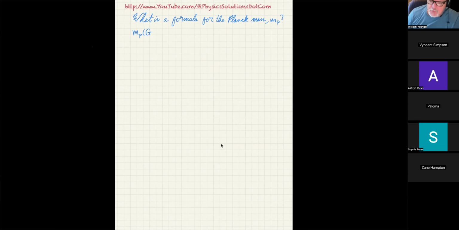the gravitational constant of the universe, G, Planck's constant from quantum mechanics, h, and the speed of light, c. Now in order for us to do this, I have to give you the dimensions of G, h, and c because you're not far enough along in physics to know them yet.